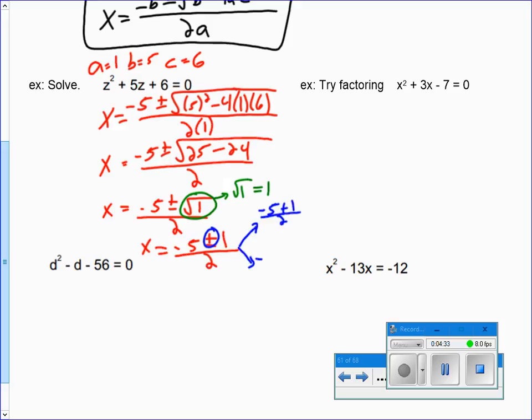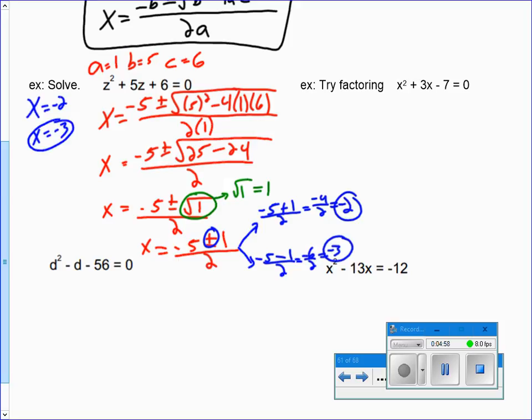The other will be negative 5 minus 1 over 2. So that's how we get our two answers from this formula, the plus and the minus. So negative 5 plus 1 is negative 4 over 2, which would be negative 2. Negative 5 minus 1 would be negative 6 over 2, which would be negative 3. So those are our two answers, negative 2 and negative 3.